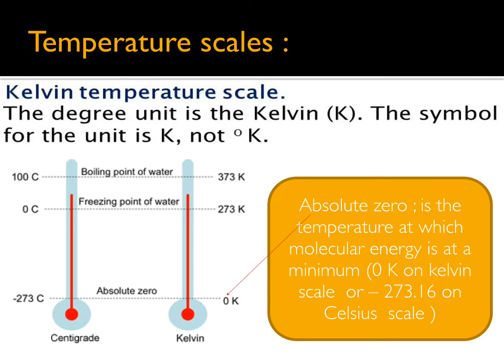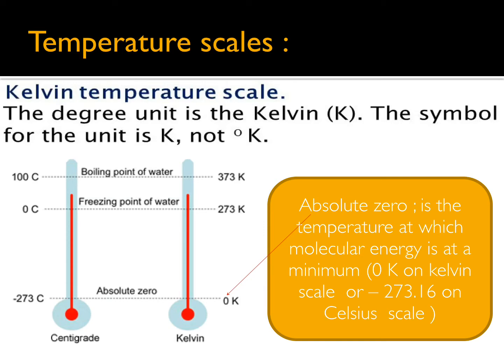However, scientists usually use the Celsius scale. In the Celsius scale, the temperature range between the freezing point and the boiling point of water is divided into 100 equal parts. Now we have the third scale, the Kelvin scale, which is divided into units called Kelvin, K, not degrees Kelvin, only Kelvin.